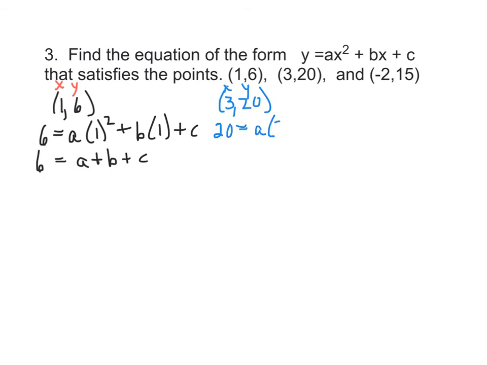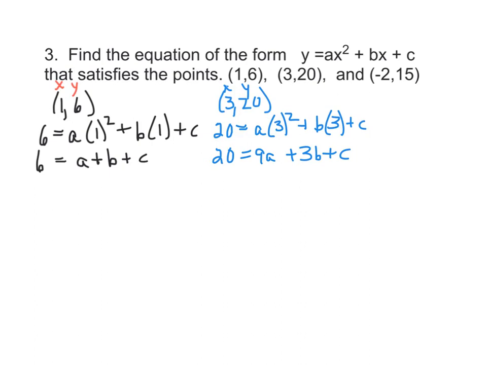So a times 3 squared plus b times 3 plus c. This gives us 20 is equal to 9a plus 3b plus c. There's our second equation with 3 variables, a, b, and c.